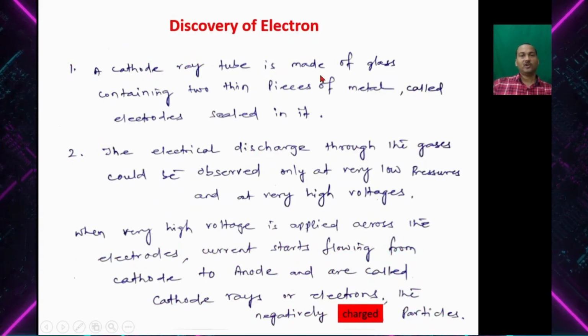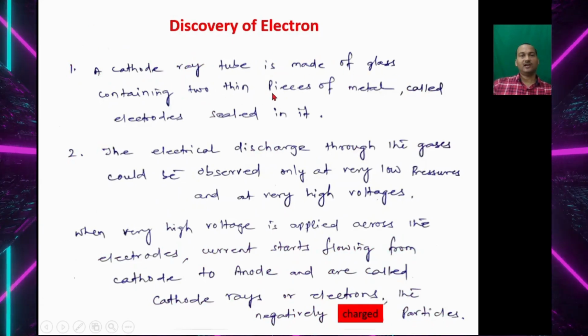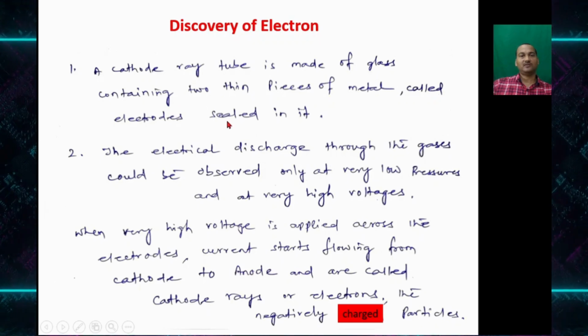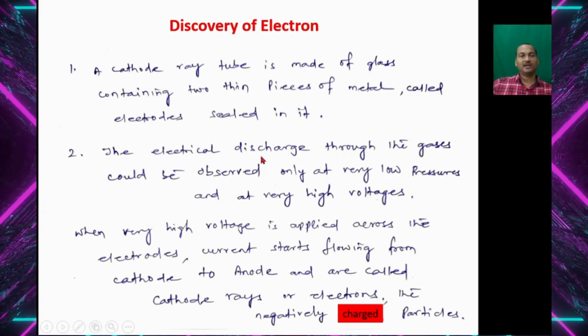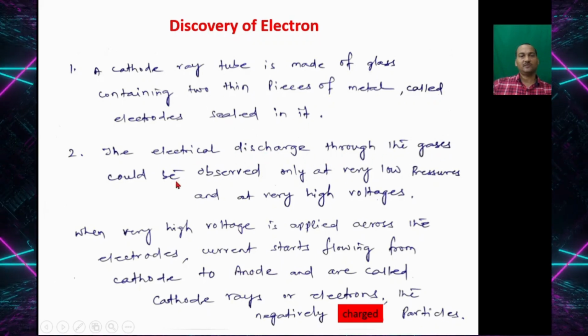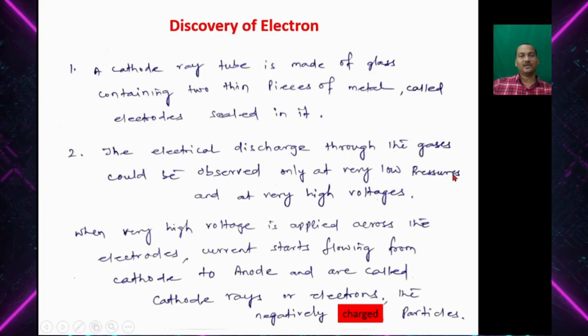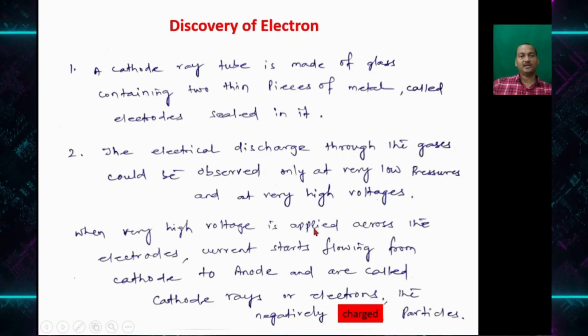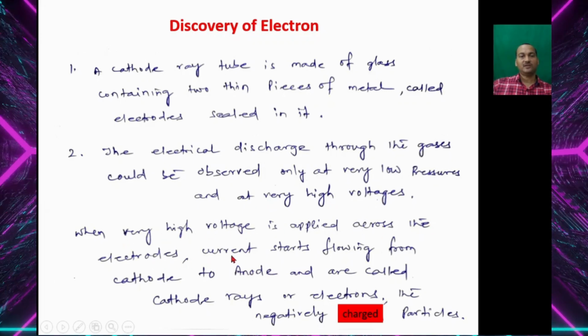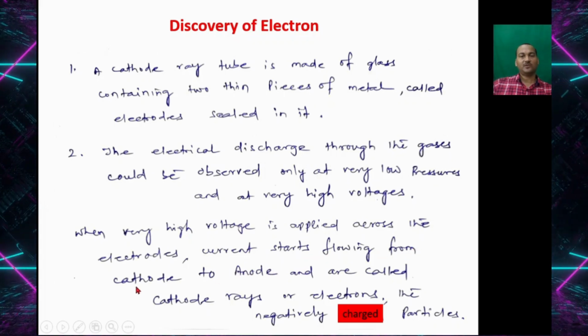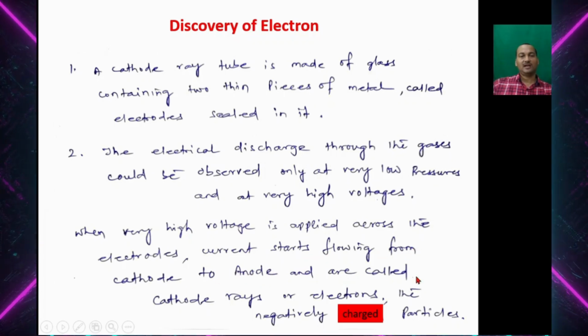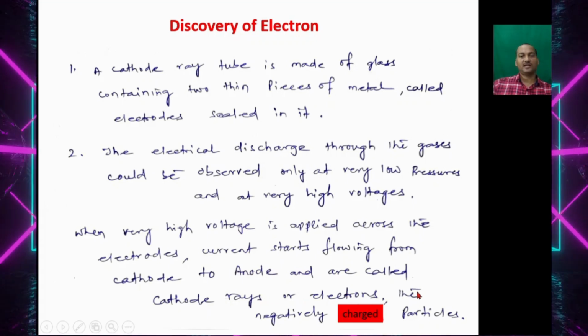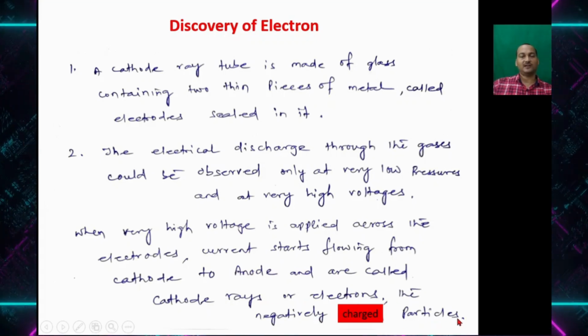A cathode ray tube is made up of a glass tube containing two thin pieces of metal called electrodes sealed in it, and the electrical discharge through the gases could be observed only at low pressures and very high voltages. When very high voltage is applied across the electrodes, current starts flowing from the cathode to the anode. These are called cathode rays or electrons, the negatively charged particles.